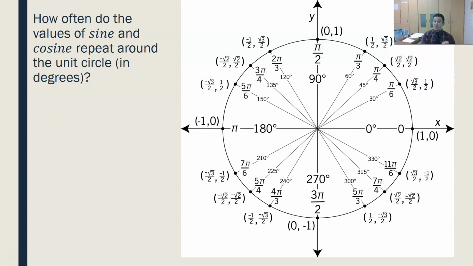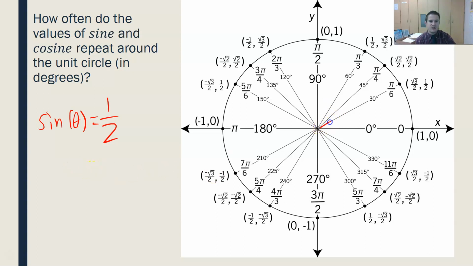So, I have my unit circle. Hopefully we've become pretty familiar with it. On the unit circle, how often do the values of sine and cosine repeat if I go around? Say I wanted to find where the sine of theta equals 1/2. What angle gives me a sine of 1/2?